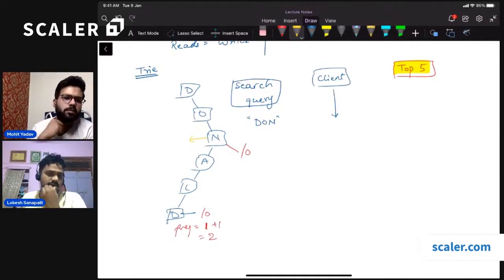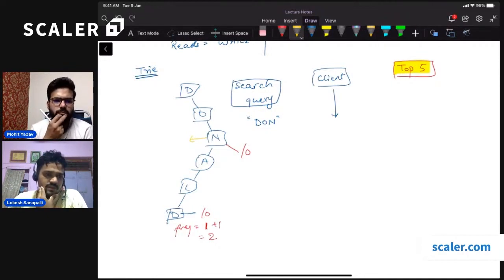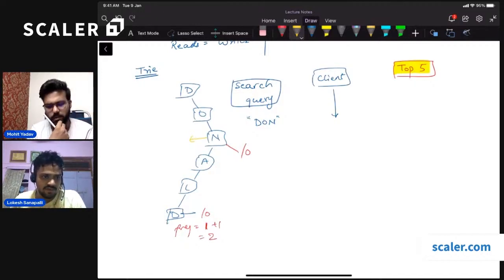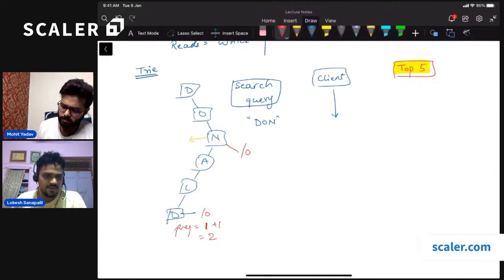I'm thinking it would be enough if we store the references of the terminal nodes. Let's say at N, D is another terminal node having some good frequency. Here we can use a heap, a max heap.